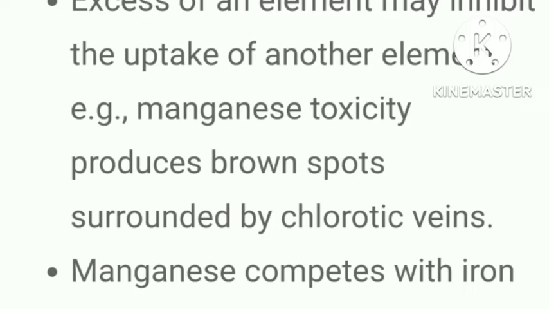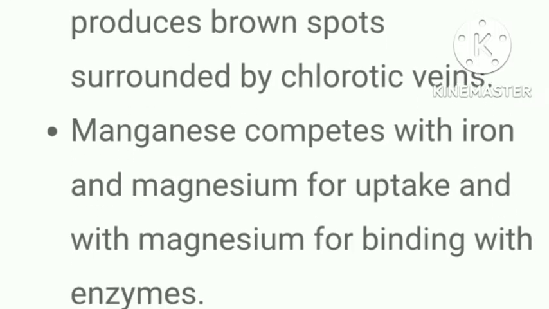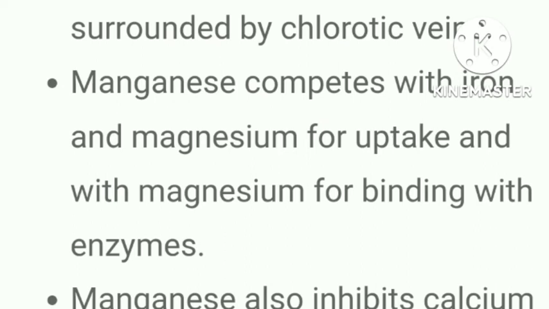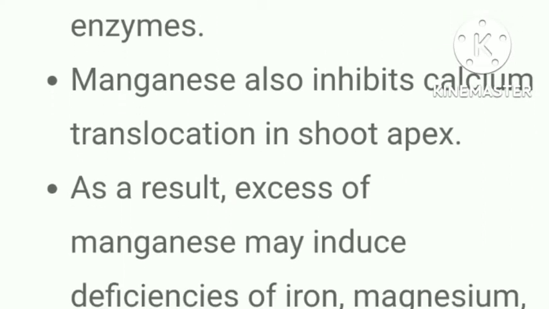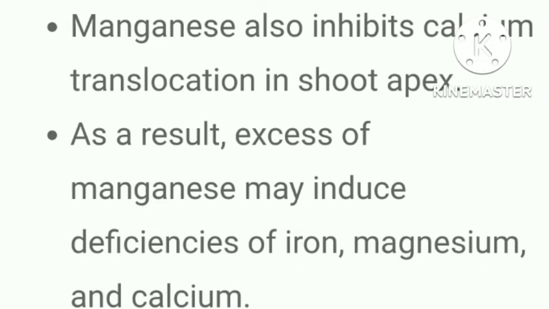Example, manganese toxicity produces brown spots surrounded by chlorotic veins. Manganese competes with iron and magnesium for uptake and with magnesium for binding with enzymes. Manganese also inhibits calcium translocation in shoot apex. As a result, excess of manganese may induce deficiency of iron, magnesium and calcium.